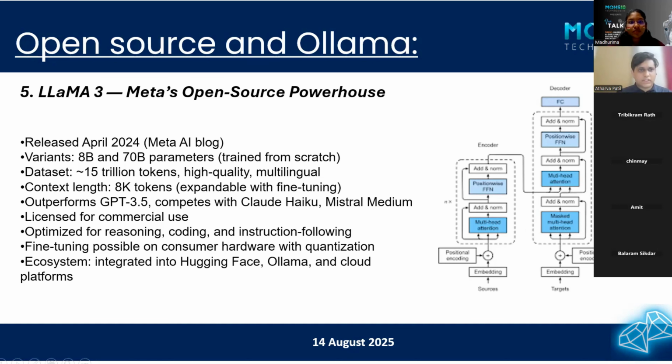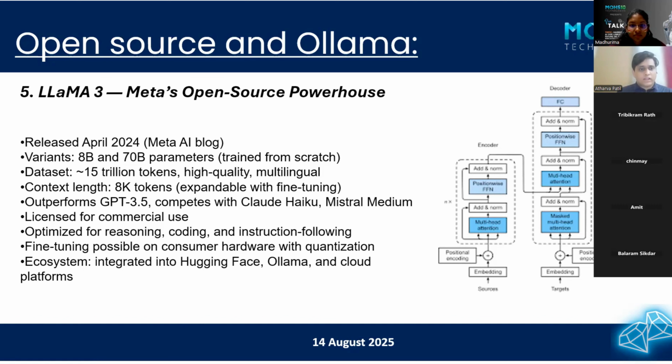It was released by Meta in April 2024. It has variants: an 8 billion parameter model, which is trained from scratch, and a 70 billion parameter model. The dataset was multilingual, high quality, about 15 trillion tokens. So you can see how good this is.